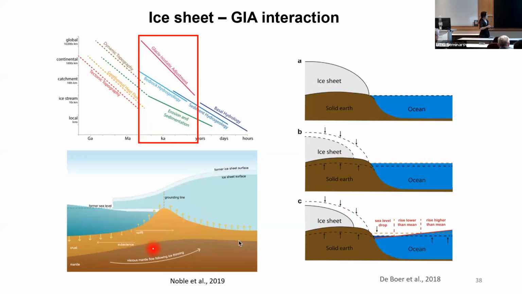If we consider Antarctica, there is a marine-based portion, and our GIA model output will predict the sea level change around the marine-based ice. So this will also change the boundary condition of the ice sheet dynamic model. This is how the ice sheet and GIA interaction comes from.